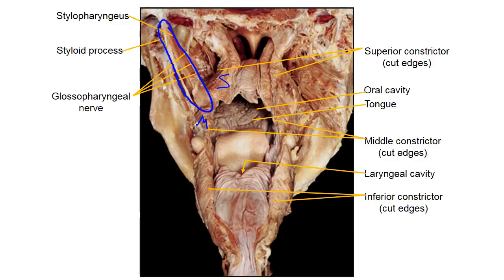We could also possibly see it when the pharynx is not cut. However, we have to do some extensive dissection in and around that stylopharyngeus. What's nice here, you can also see the glossopharyngeal nerve coming down and having a very close proximity, if not sitting right on that stylopharyngeal muscle distally, as that muscle extends distally down towards the constrictors.